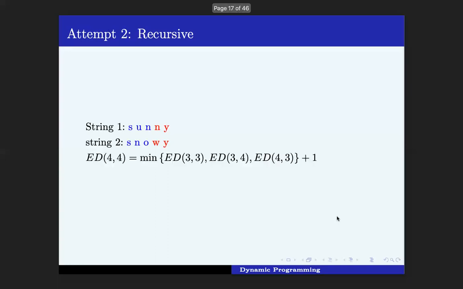And that is exactly what you do. That ed of 4, 4 is basically ed of 3, 3, which is change, or ed of 3, 4, that means you delete N, or ed of 4, 3, you insert W. And you add 1. And this is basically the recurrence again.